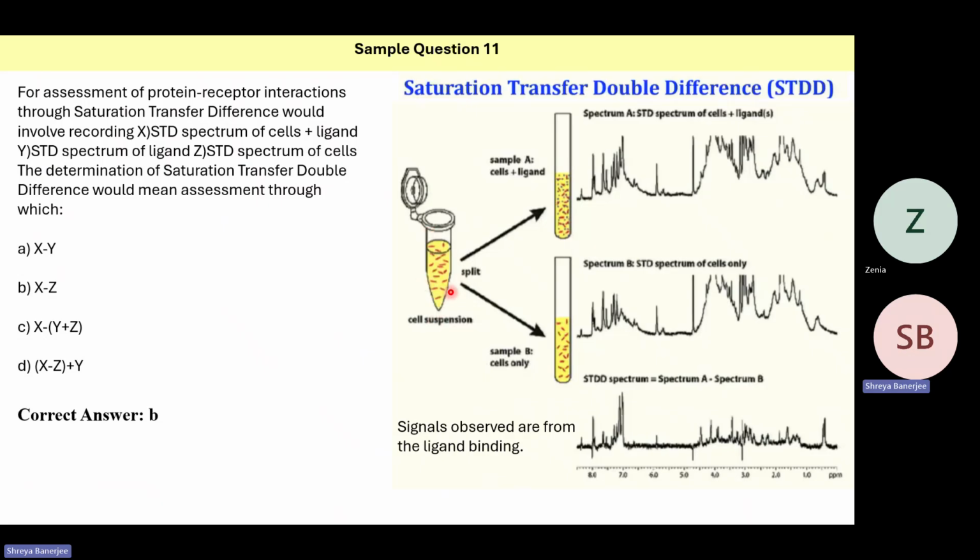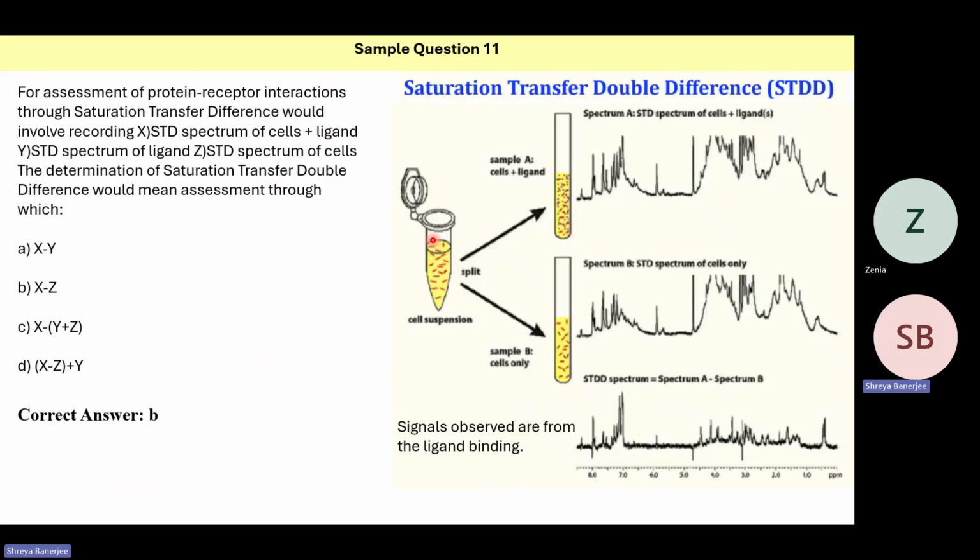So in that case, how we study the STD NMR is that we take STD NMR of cell and ligand, and we take STD NMR of only the cell, and then we subtract them to get the STD NMR from the ligand binding. So this is an experiment called saturation transfer double difference, or STDD, because we are taking the difference of two STD NMRs.